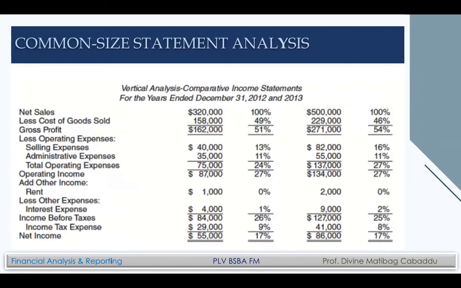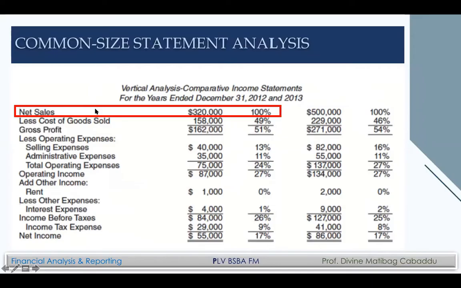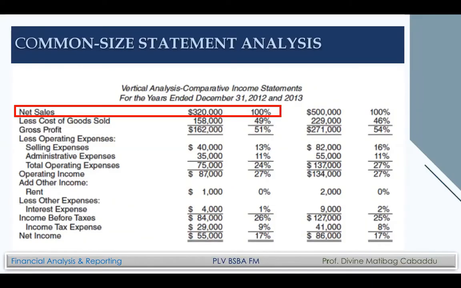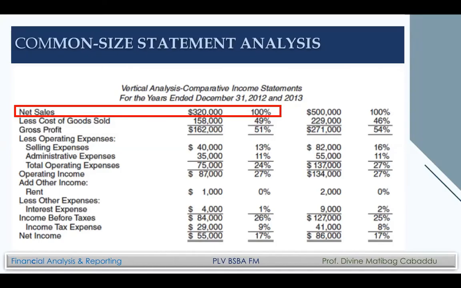Okay, so kung yung horizontal is year-to-year or multi-year basis tayo, so vertical naman, top-down yung approach natin. Paano pong top-down? Okay, so yung net sales mo, this is an income statement, the net sales is actually converted into 100%. And you would like to know how much is your cost of goods sold in relation to your net sales.